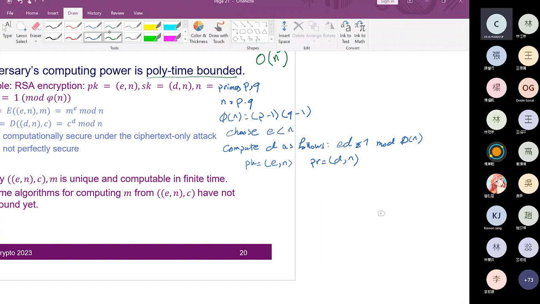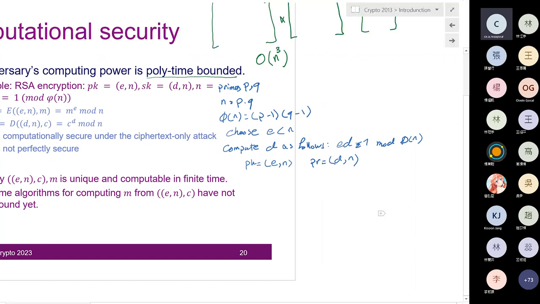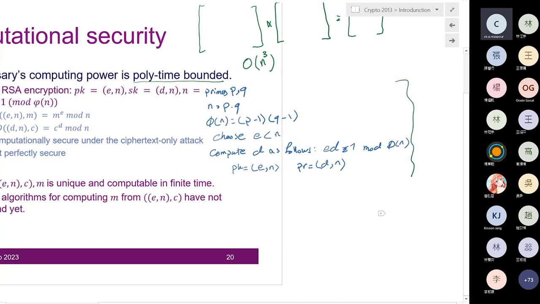If I tell you that computing this function is very fast, because you're probably not familiar with these modular operations, we can see that we can actually compute all these steps in polynomial time.